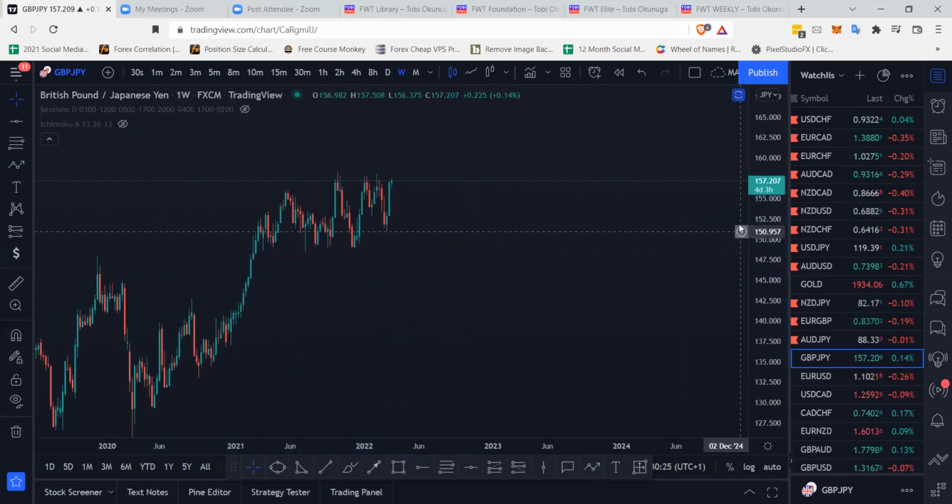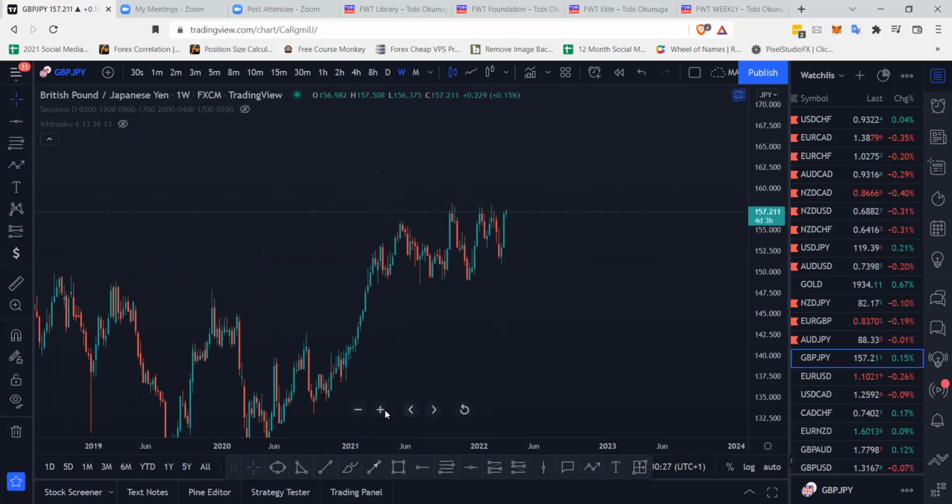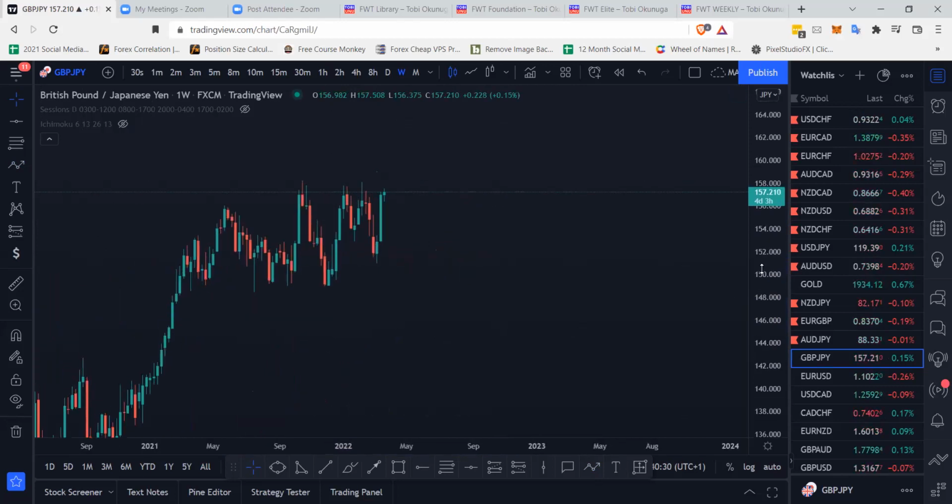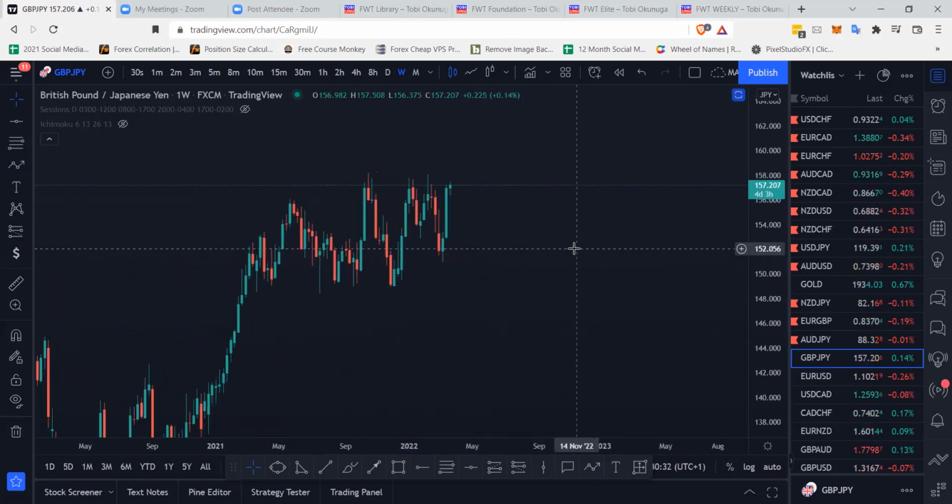So let's try and make meaning of what is going on here. Let me zoom this in. That's on the weekly, and then price is retracing into this supply.